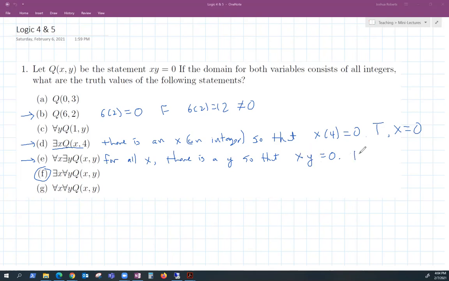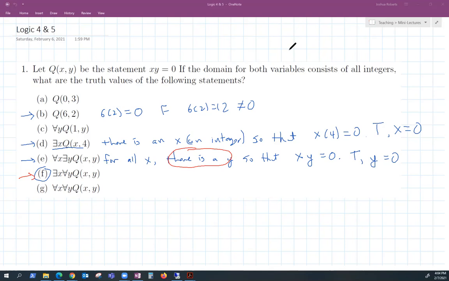Well, this is true. Just take y to be 0, because now for any x that I pick, when I multiply that x times 0, I'm going to get 0. Again, it's important to think about the order. For all x, there is a special y that's going to be true no matter what x value you pick. So when you practice these and work these problems out, write this out in English first, which I always encourage you to do, and see what happens when you switch the order of your quantifiers.